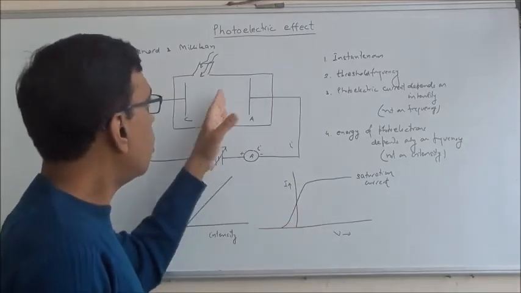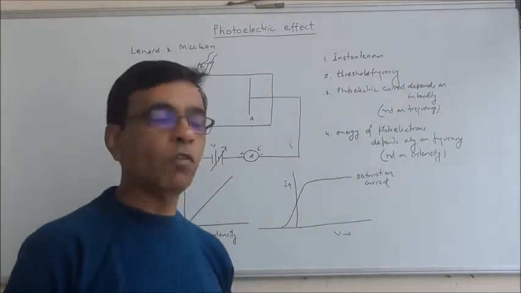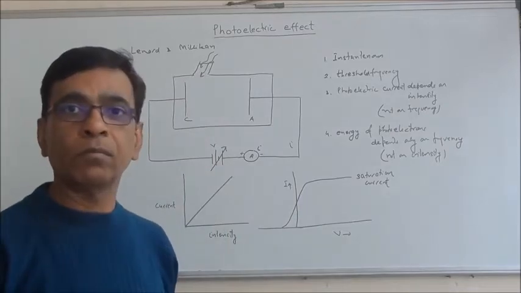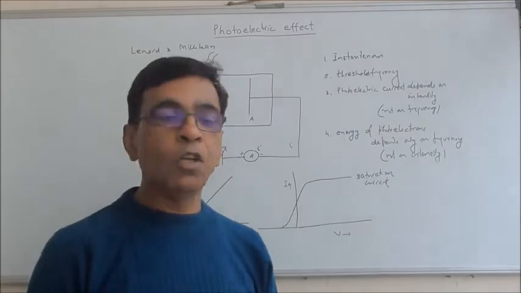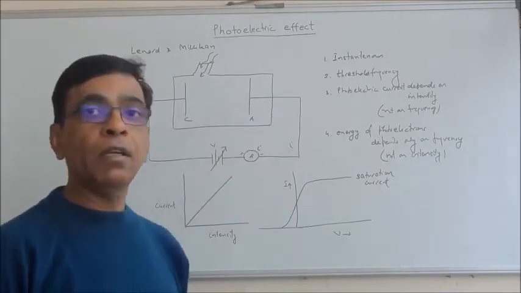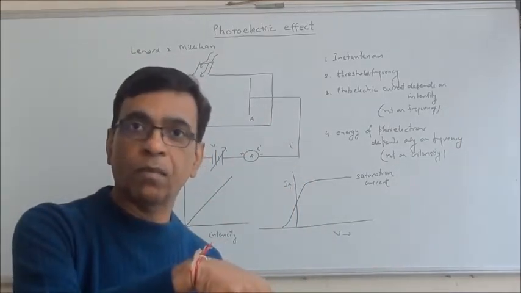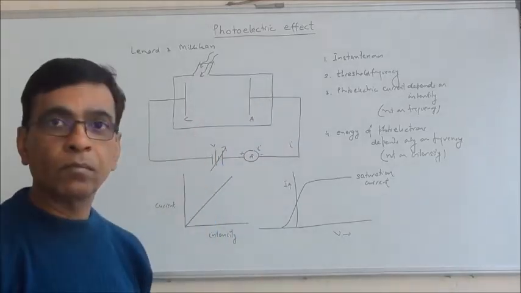And if we want the current to be zero, how can we do it? Some electrons are already reaching here, and I want to make it zero. So I have to give this plate negative potential so that the electrons are repelled.